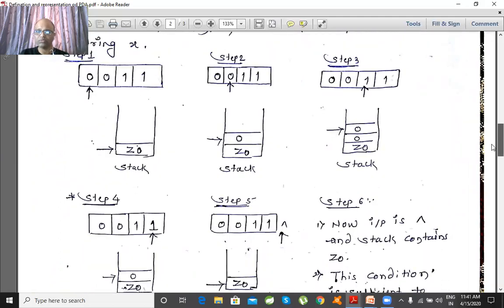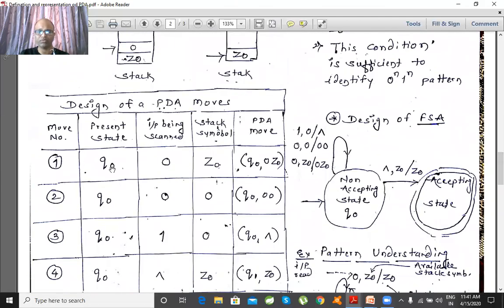So this is the first move we take: if I am in state Q0, the character being read on the input is 0, and nothing except Z0 is on top of the stack, this 0 will be pushed onto the stack.